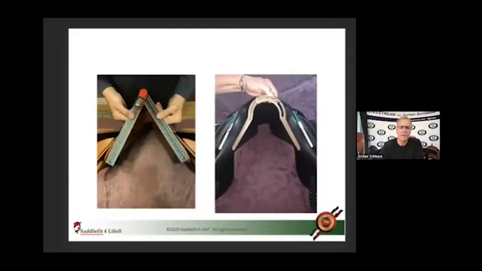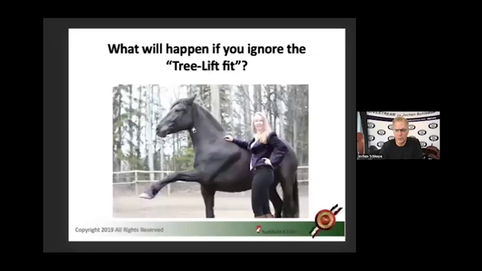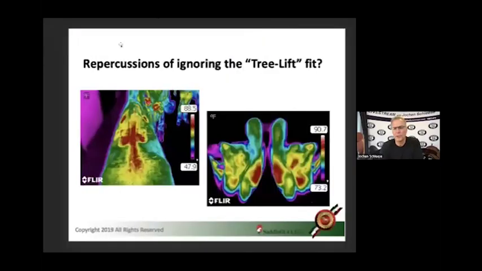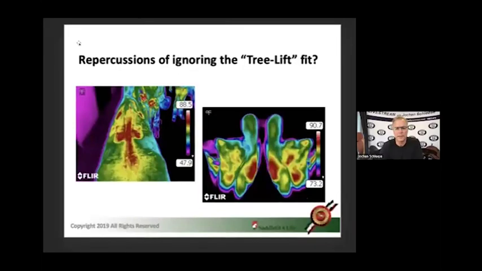All right, so my suggestion, make sure when you have a saddle on the horse, you give the horse the freedom in the shoulder, because when the horse strikes forward, pushes the upper arm, that shoulder comes back. So look at the tree width, D-ring to D-ring, and that this is parallel to the scapular. Otherwise, you will do a lot of problem on the horse's shoulders, which has been recorded so many times in so many cases.